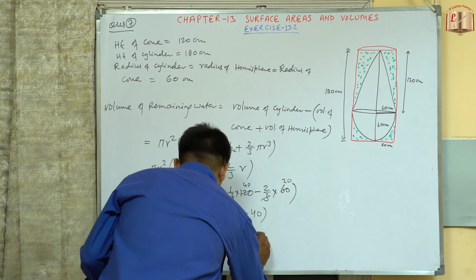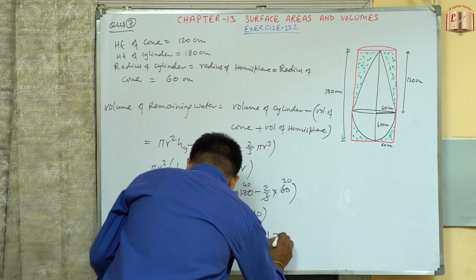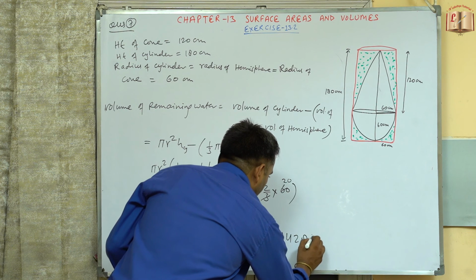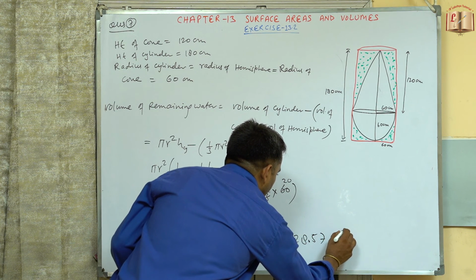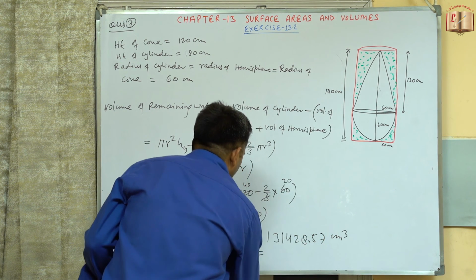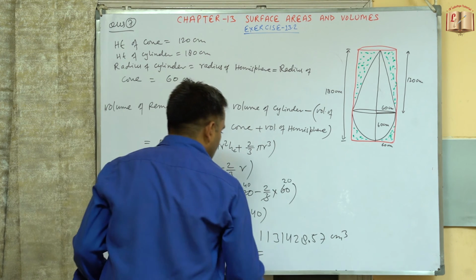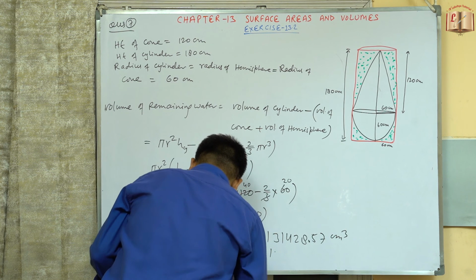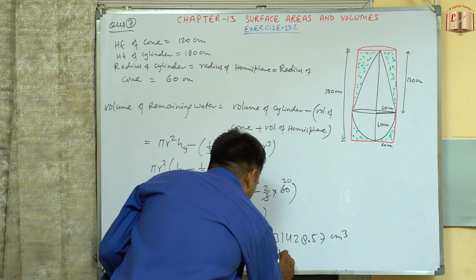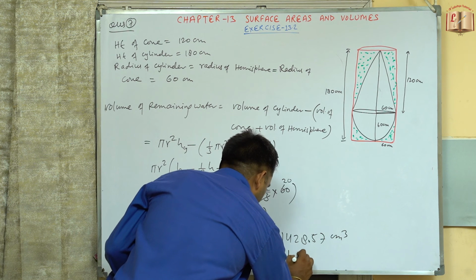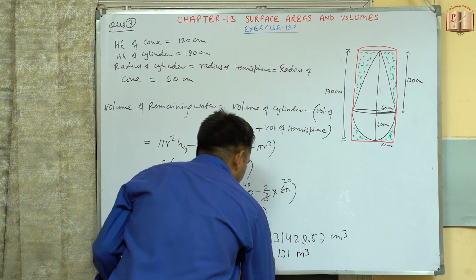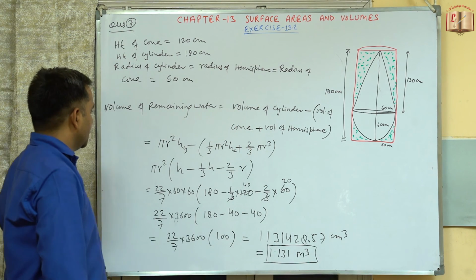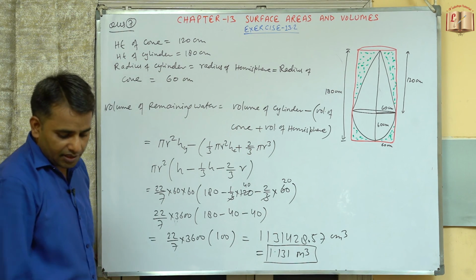So this is equal to 1131428.57 centimeter cube, or we can write it equivalent in meter cube also, divided by 10,000. So this will be 1.131 meter cube. So this is the volume of the remaining water in the cylinder.